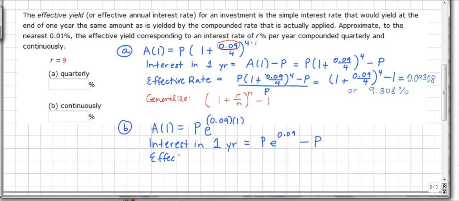So by simple definition, your effective rate is your interest in 1 year divided by your principal.